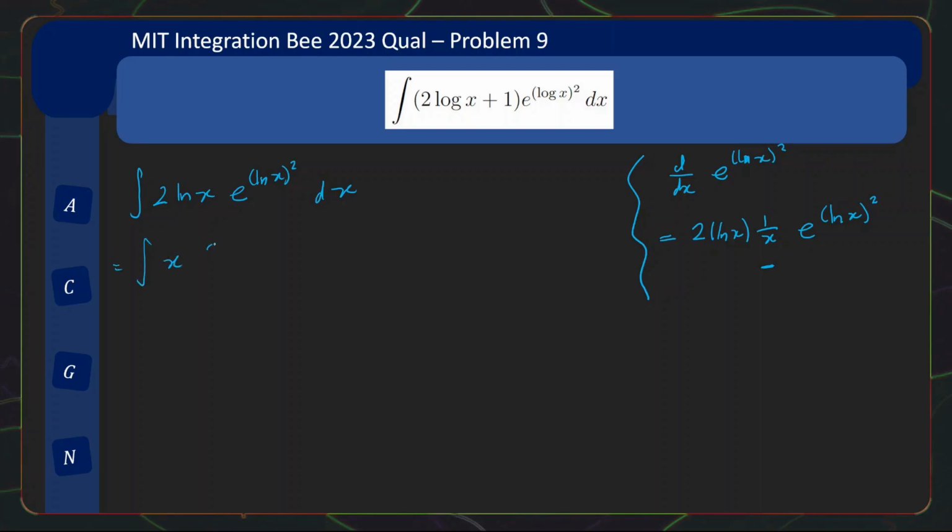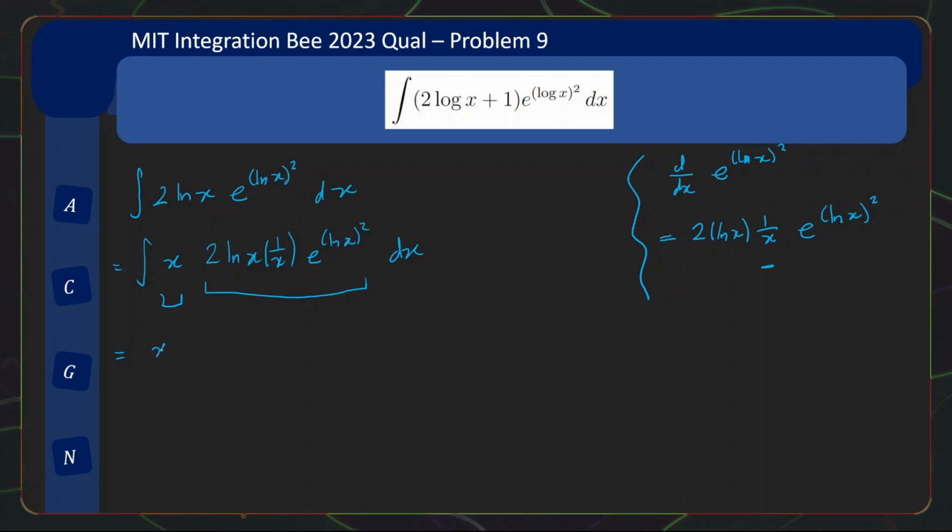So after multiplying and dividing by x, we have this expression here. And now we know how to integrate this. But at the same time, this other part is easy to differentiate. So this suggests we use integration by parts.